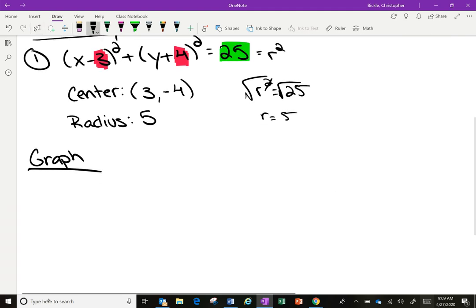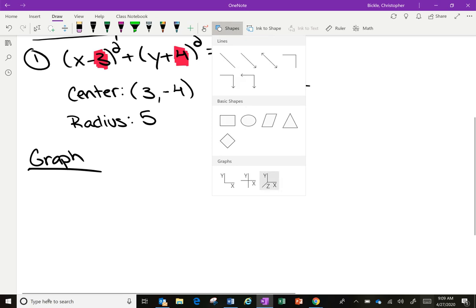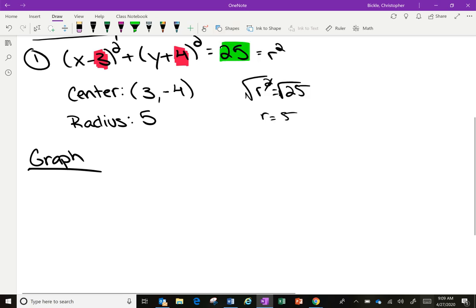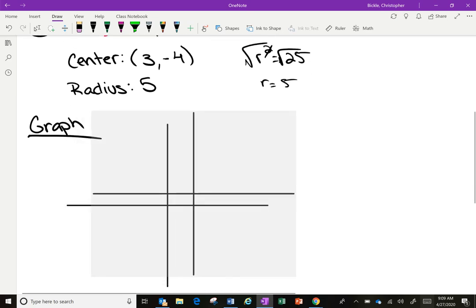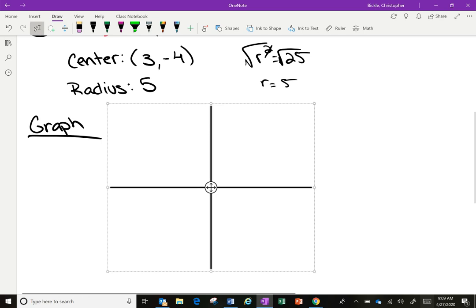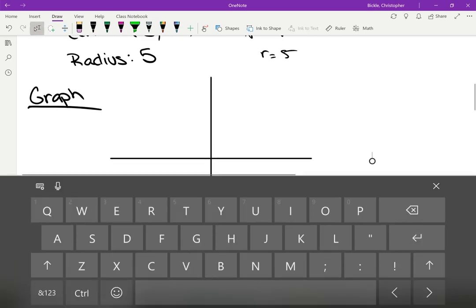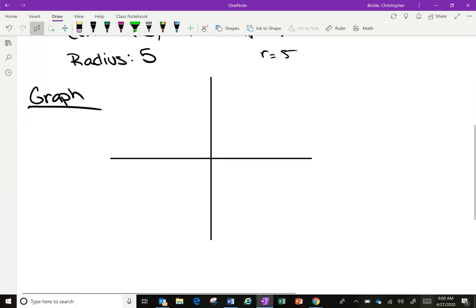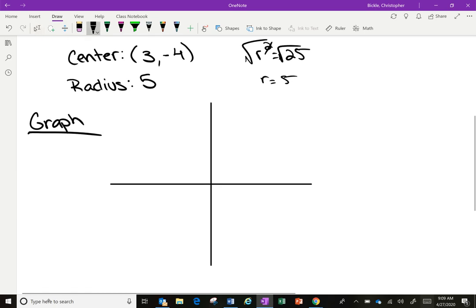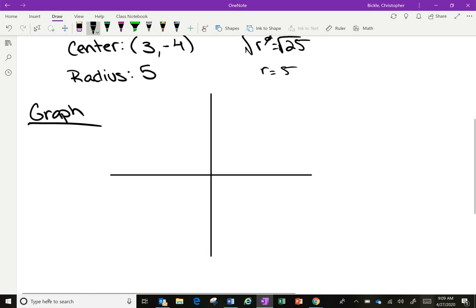So I want to go ahead and draw my coordinate axis here. I'm going to put it right there and move it up here a little bit so it's out of the way. Let's go ahead and scale that really quick. Our radius is 5, so we're going to have to move 5 units to the right and the left of 3, and 5 units up and down of -4. So when I scale this, I'm going to put quite a few points on here.